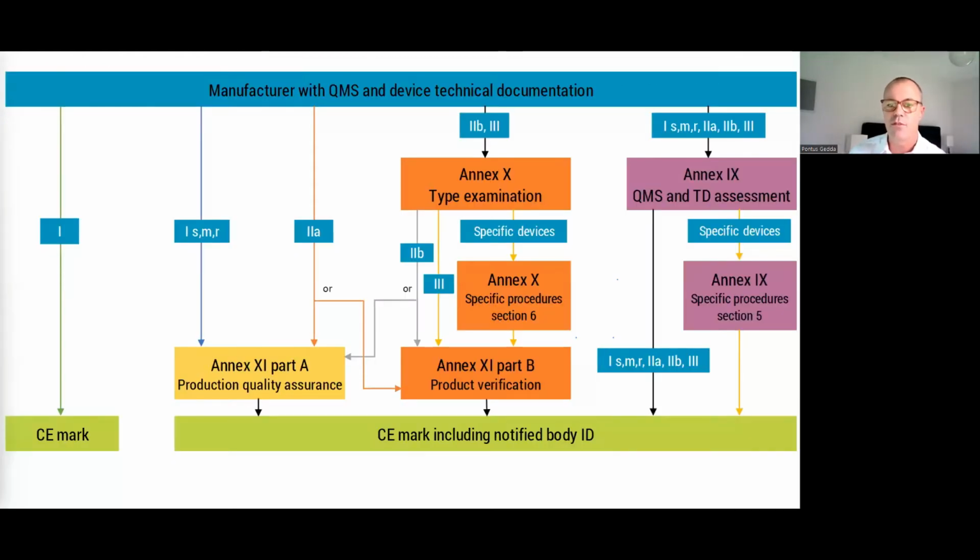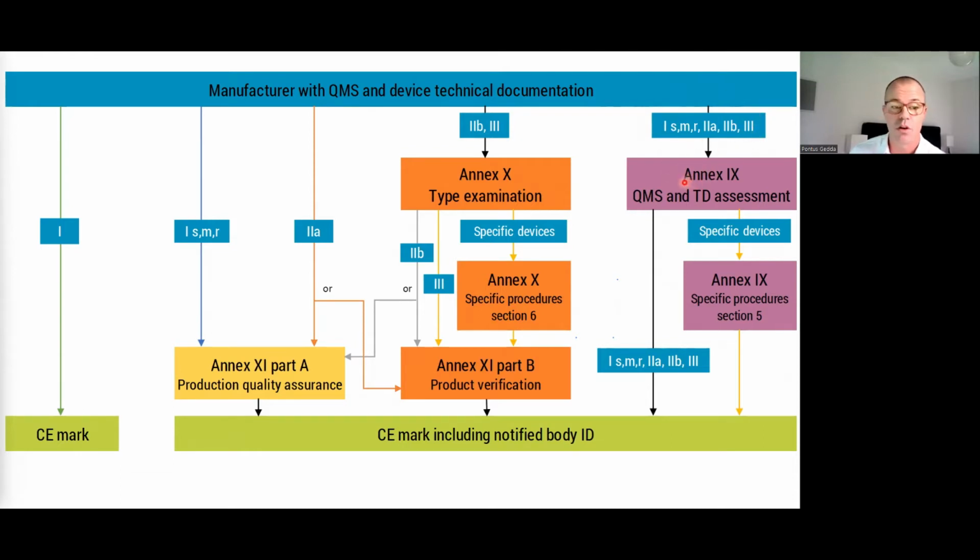And the reason for that is this diagram, which is how I see how you can deal with the different annexes. Here in the blue boxes, we have the classes and the possible conformity assessment procedures. They are here in yellow, orange, and purple. As you see here, all classes of medical devices needing a notified body can follow Annex 9.